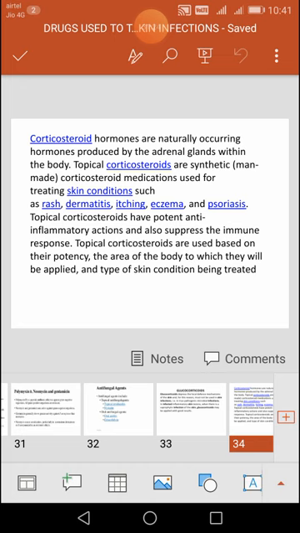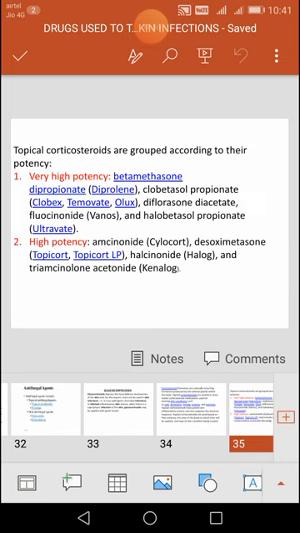These topical corticosteroids have potent anti-inflammatory actions and also suppress the immune responses. They are chosen based on their potency, the area of the body to which they are to be applied, and the type of skin condition being treated. Based on this, these corticosteroids will be used.